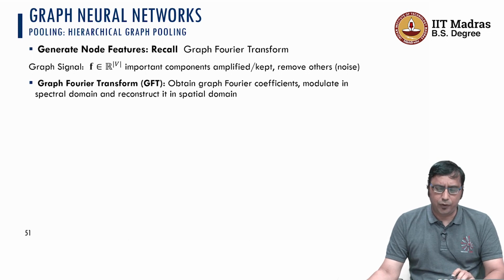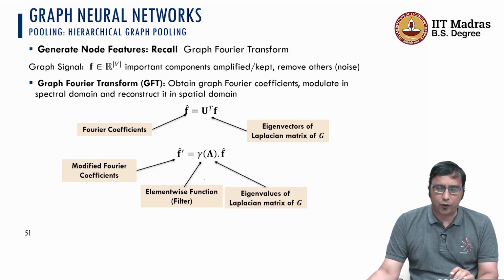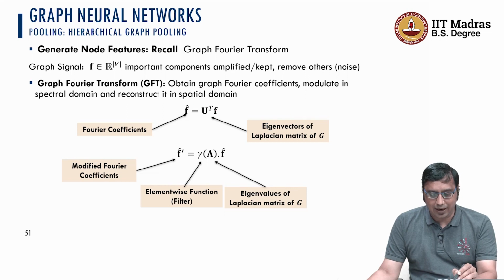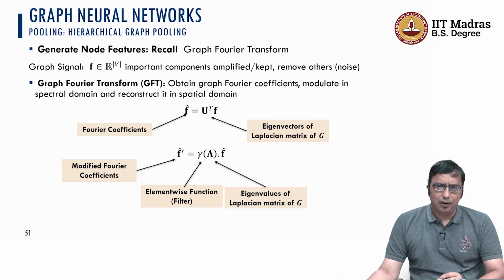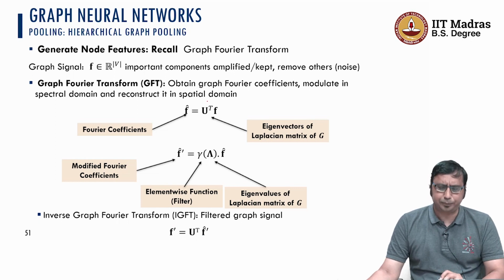In the graph Fourier transform, if you recall, we modulate this frequency and obtain Fourier coefficients, and try to modify the coefficients through a set of element-wise filters and the eigenvectors of the Laplacian matrix of G. And finally, we use the inverse graph Fourier transform, IGFT, to reconstruct the graph signal, and we have seen an example where we try to minimize the difference between the original noisy graph signal and the reconstructed graph signal to obtain a filter through a certain objective function.